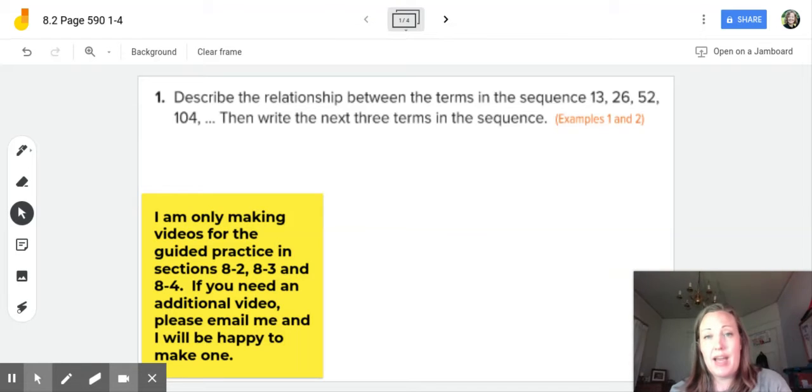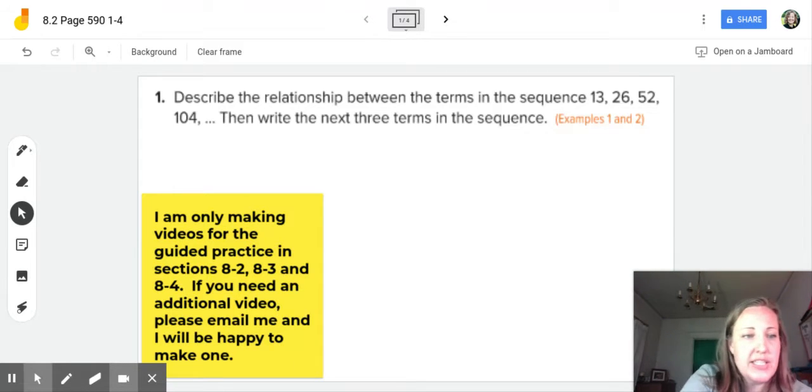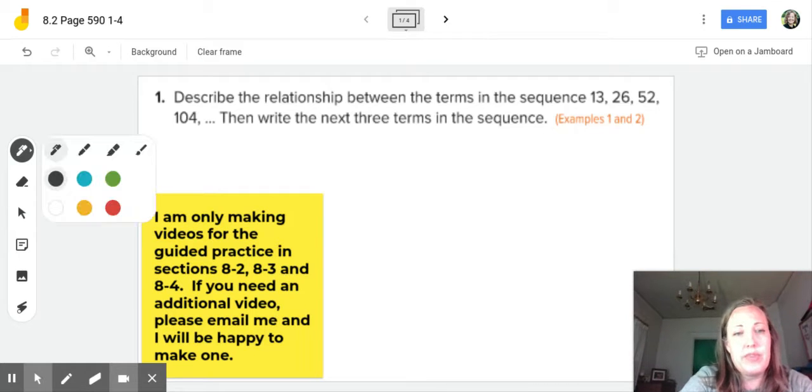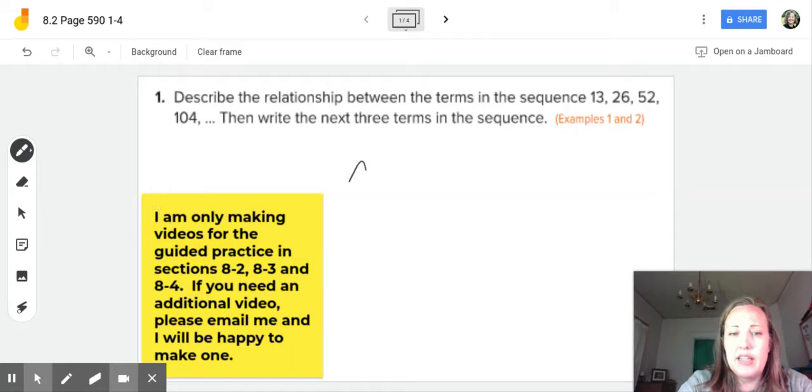So it looks like I'm adding something, but really what I'm doing is doubling the number every time, right? So we're just going to say that when we multiply by 2, that's the relationship. Okay, it's as easy as that. And I'm just going to write it like that. Multiply.